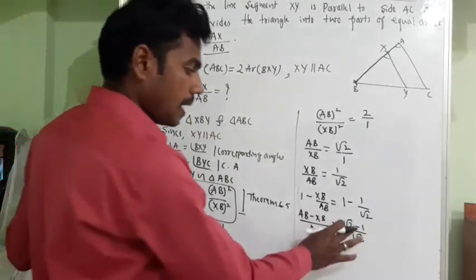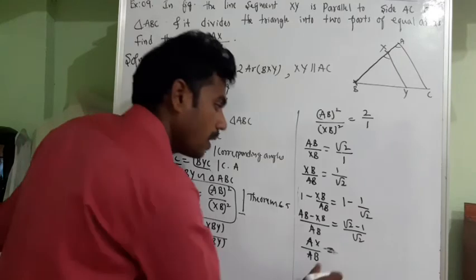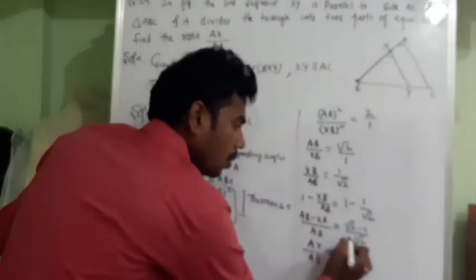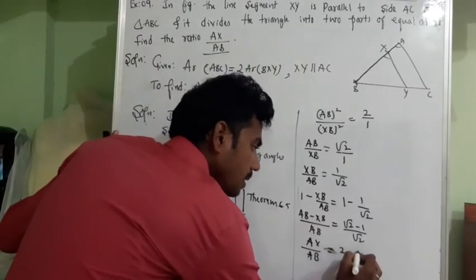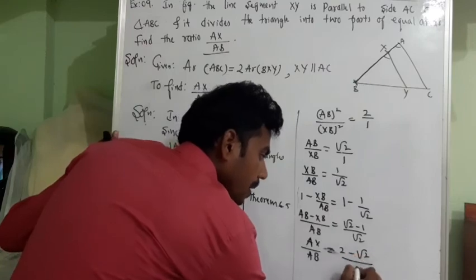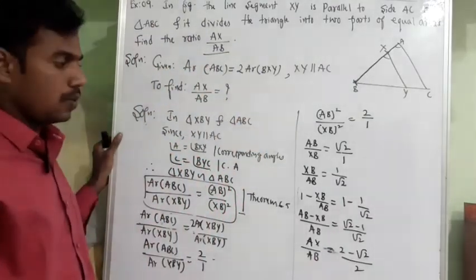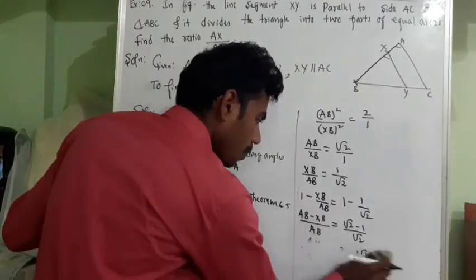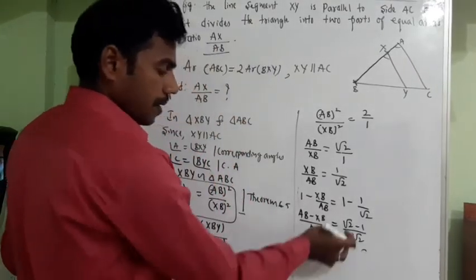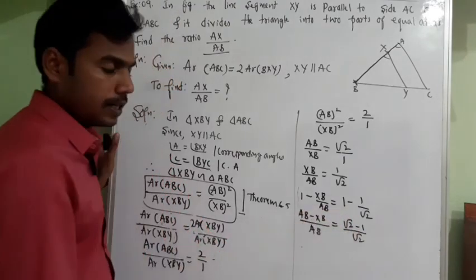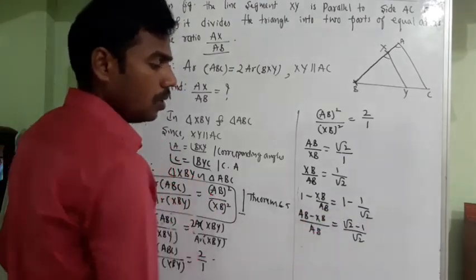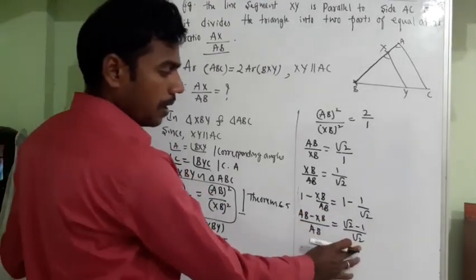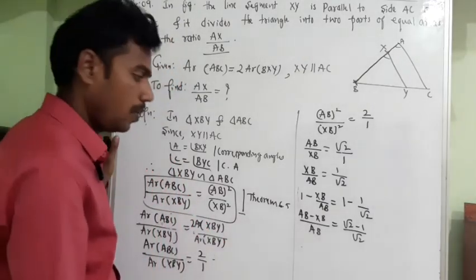So root 2 into root 2, that is 2, minus root 2 into 1, that is root 2, divided by 2. In the denominator, root 2 into root 2 will give you 2. That only we have written.